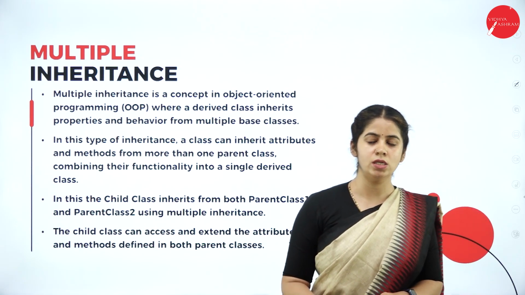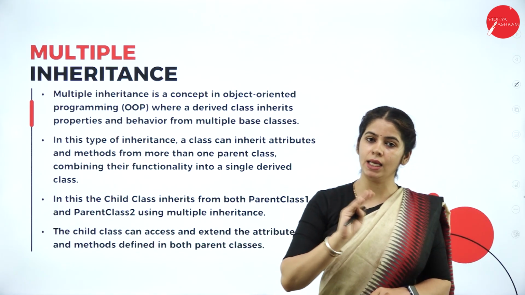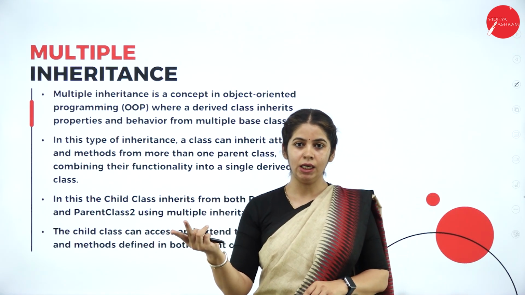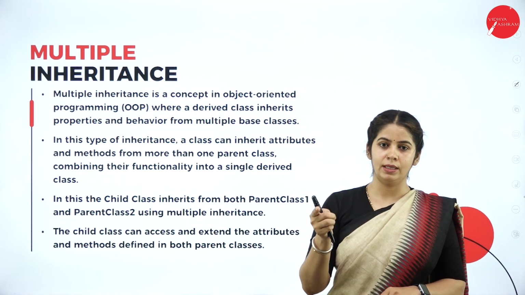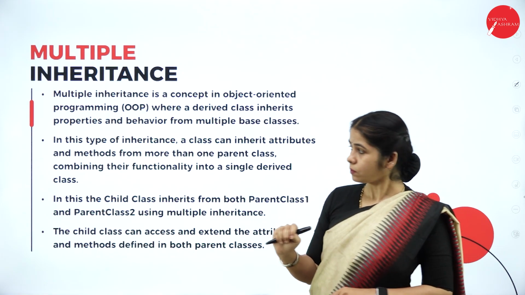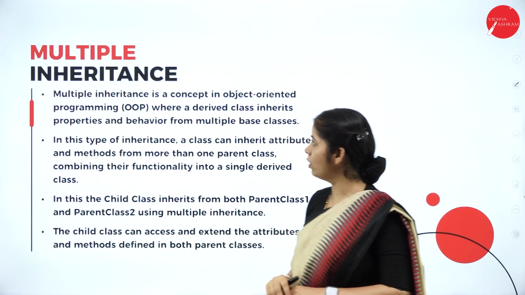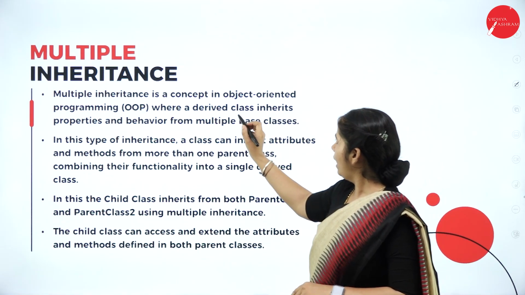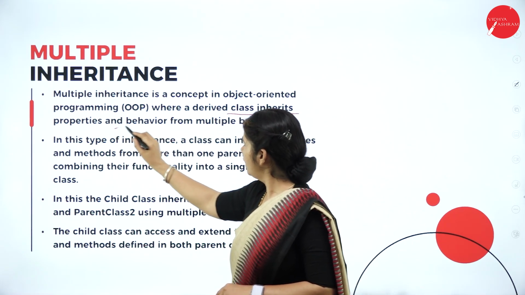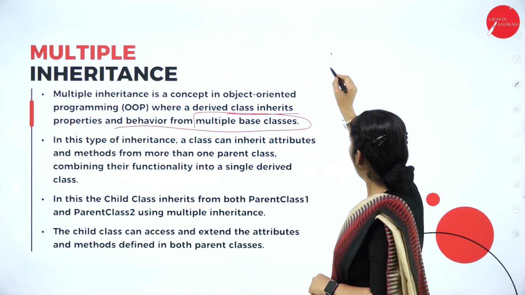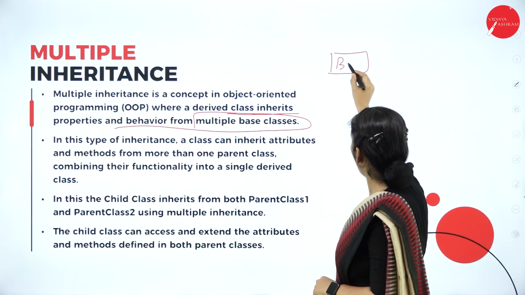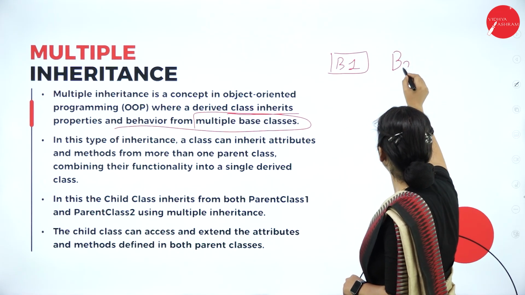The next type of inheritance we have is multiple inheritance. Multi-level inheritance is different and multiple inheritance is different. Keep that in mind, don't get confused. In multiple inheritance, the derived class inherits the properties and behavior of multiple base classes. We derive from base class 1 and base class 2.